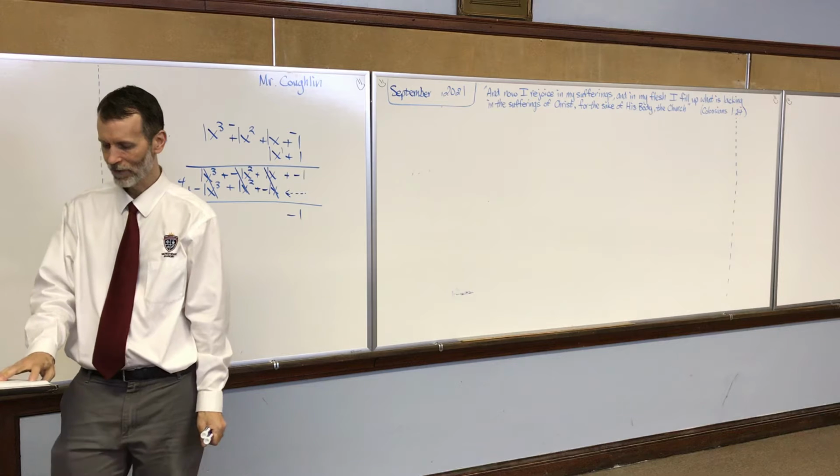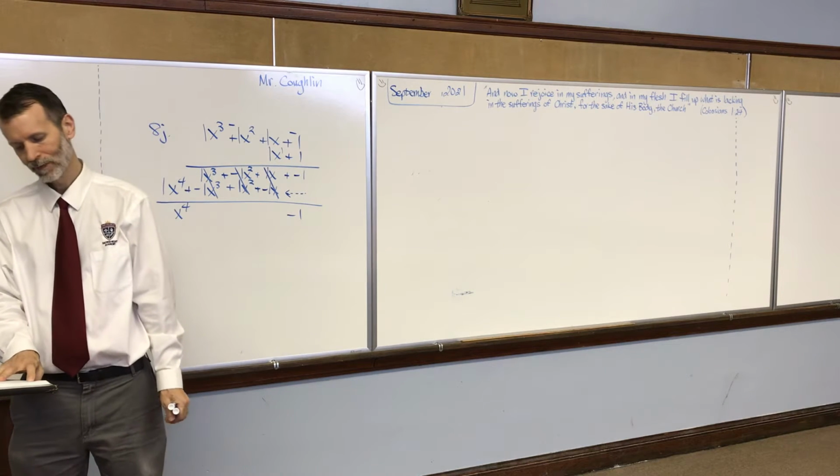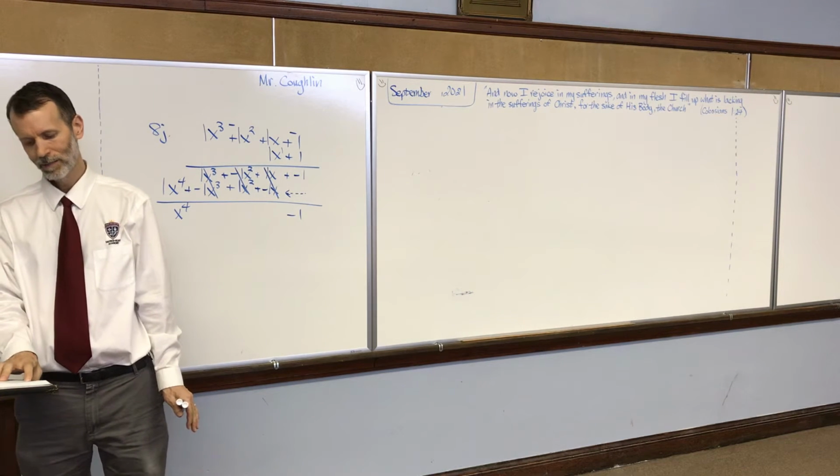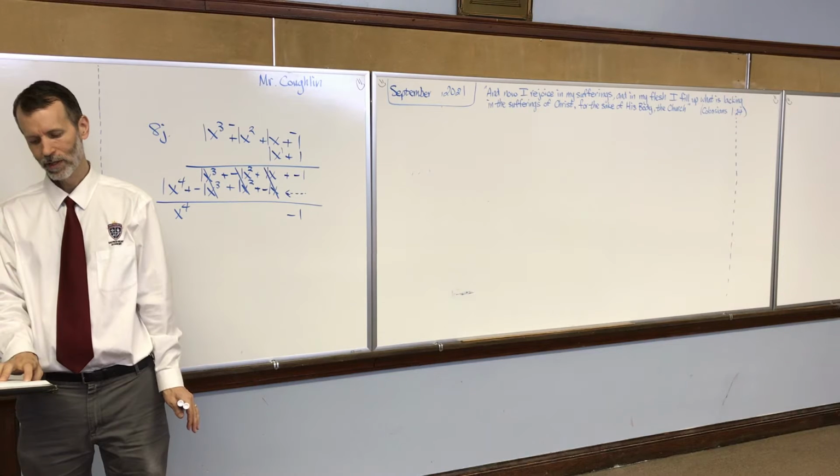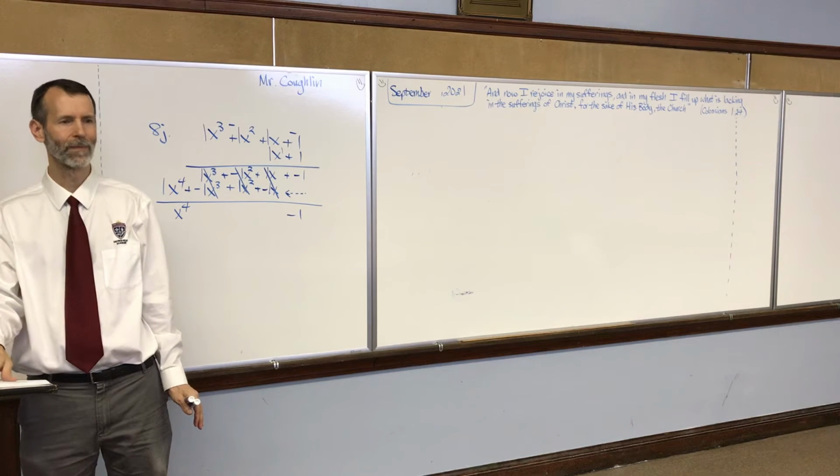And number 6f, 4 terms. X to the 3rd plus negative 6x squared plus 11x plus negative 6. Any repeats on the whole thing?